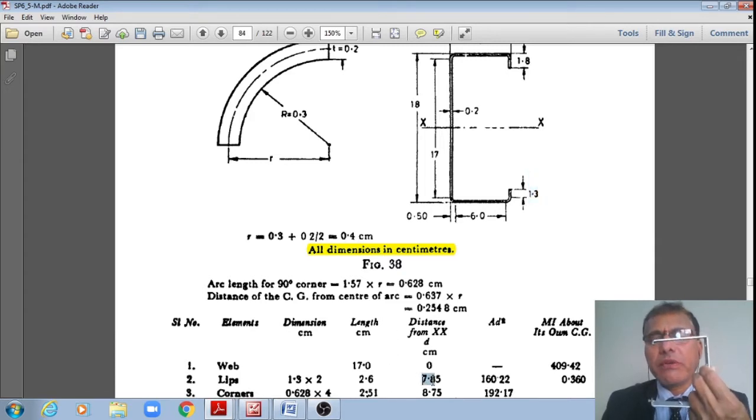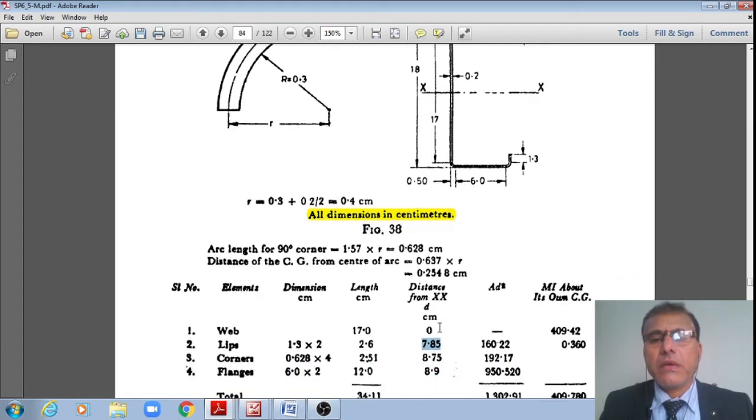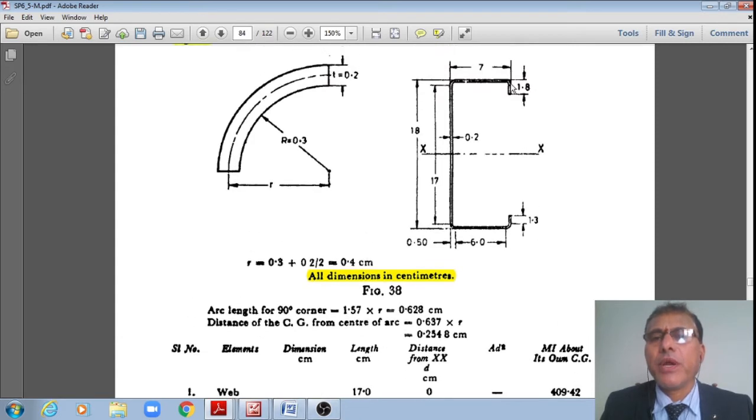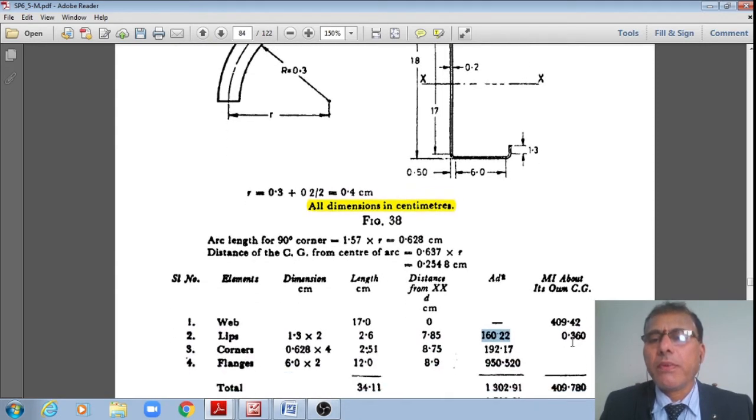Now it works out to 7.85. Next, the length 2.6 multiplied by this distance 7.85 whole square works out to 160.22. The moment of inertia of these lips about their own axis is 0.2 multiplied by 1.3 whole cubed by 12, which works out to say 0.36.